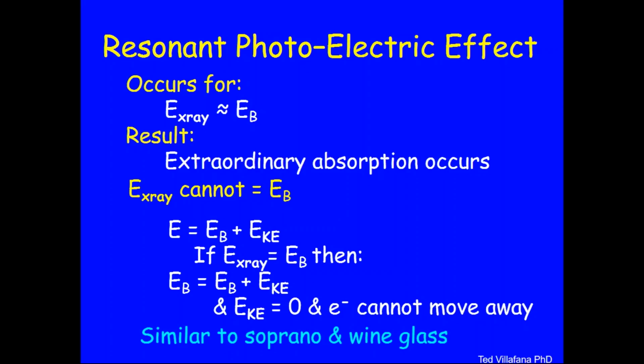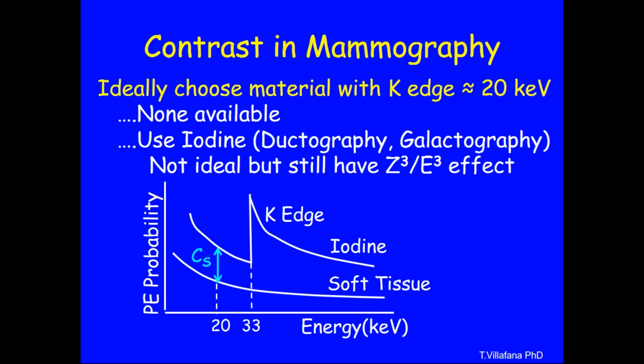When the soprano hits a particular frequency note, and that frequency matches the vibrational frequencies of the molecules in the glass, the molecules in the glass experience an extraordinary increase in absorption of the acoustic energy, so much so that bonds are broken and the glass shatters. Very similar effect over here, except that we don't have a glass shattering. What we have is X-ray energy just being absorbed. Okay.